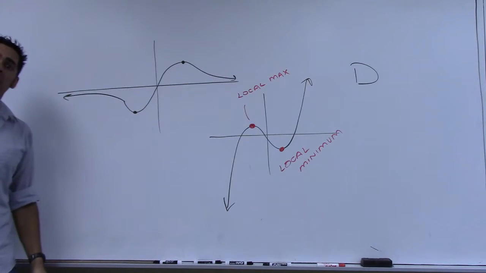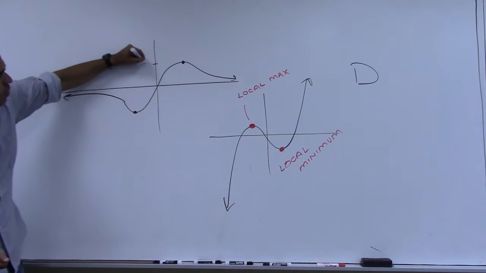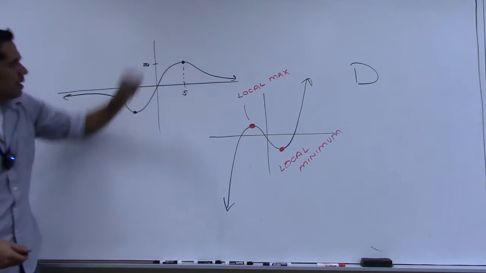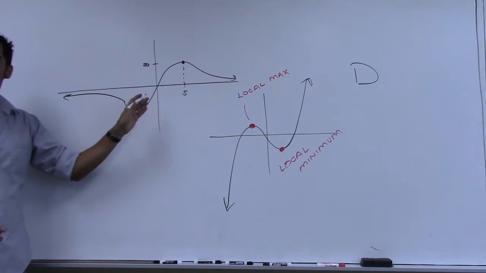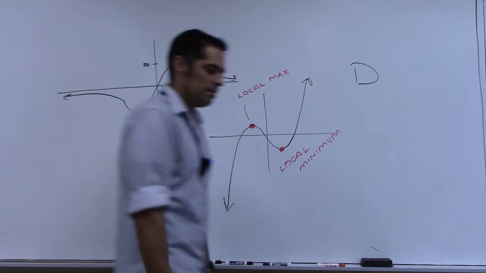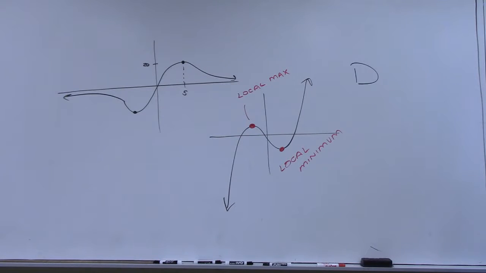I could also say where it happens. So let's say that this was 20 high here, and let's say that this happened at 5. The absolute maximum of this function would be 20. It happens when x is 5. So just some clarification on that: you're always referring to the y value when we talk about maximums and minimums.